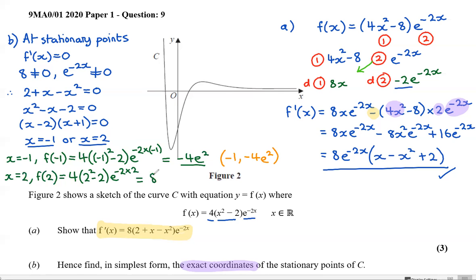So we're going to have 8e to the power -4. Okay, so our second set of coordinates are going to be at 2 and 8e to the power -4, which is a positive number. Okay, so you can see those on the graph. All right, I'll just highlight them. So this set of coordinates here is at this point here, and this set of coordinates is right here.